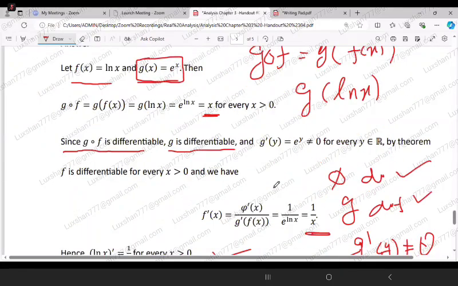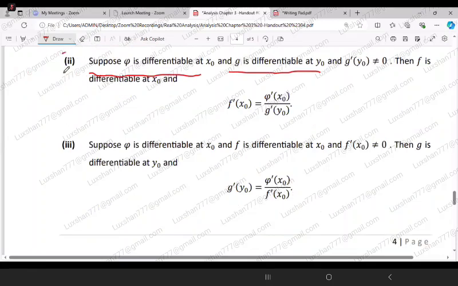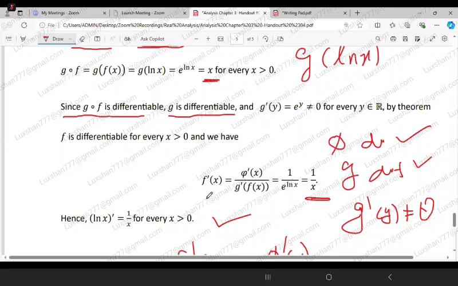Then you have to correctly select your g(x) function. We may ask one of these three. This time in this question, we have to use the second one. Sometimes you may have to use this one, sometimes this one. So one of these three you can use. So you have to be careful.